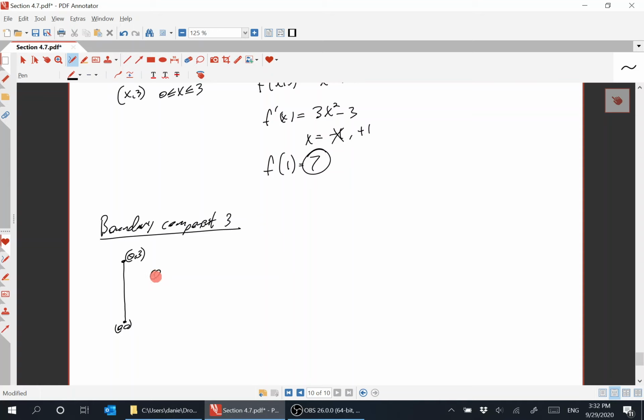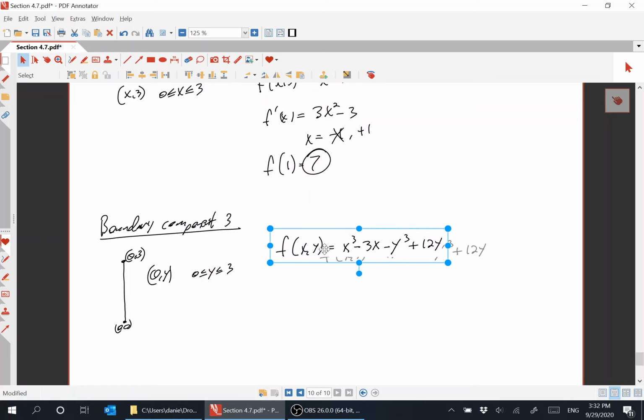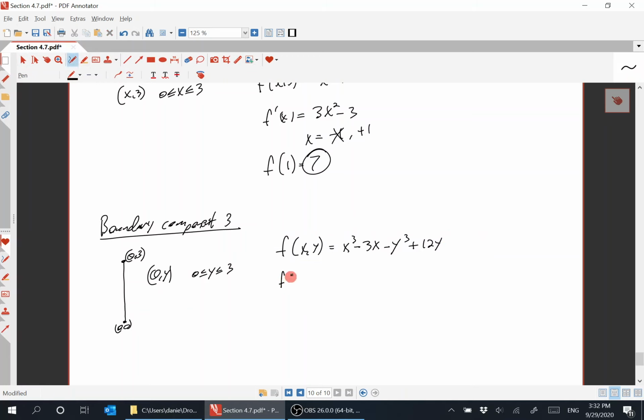So these are the points 0, y, where 0 is less than or equal to y less than or equal to 3. So the original function at 0, y is just minus y to the third plus 12y. So f prime of y is minus 3y squared plus 12.